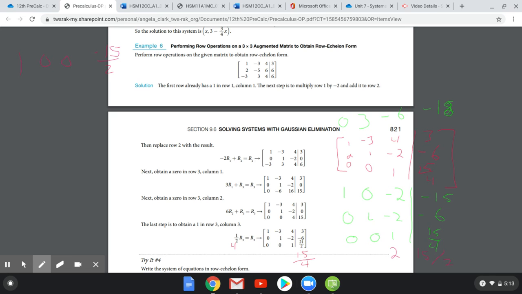And then 0, 1, negative 2, negative 6, 0, 0, 1, and 15 over 4. So we finished with the top row, right? Now this essentially reads x equals negative 15 over 2. X equals negative 15 over 2. That's what this reads.